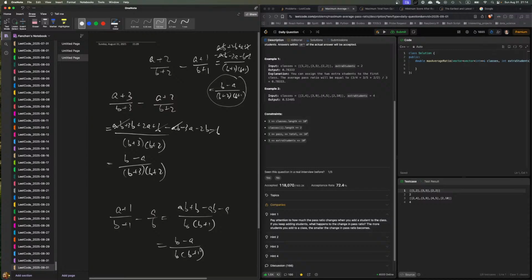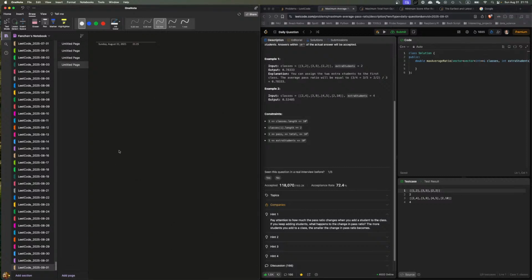Or we can actually compute this for every single one, and that will tell us. Hold on a second.